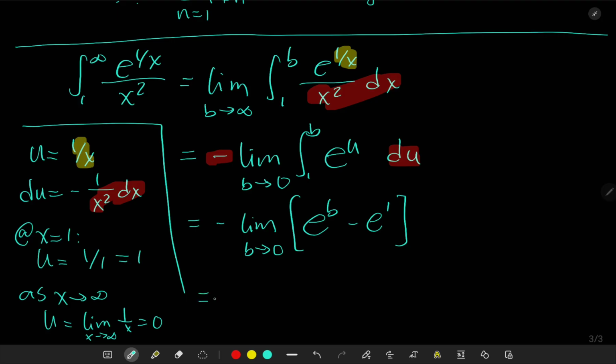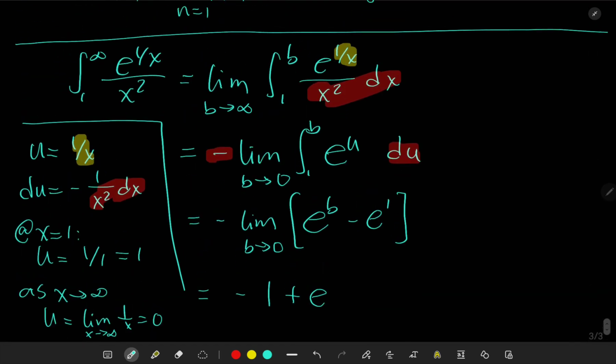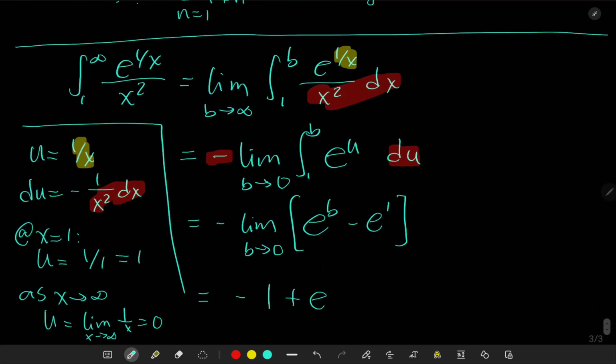And then this just gives you negative e to the 0, which is 1. 1 minus negative, so plus e to the 1. Just that. I don't care about the number. This is going to be like 1.78 something. I don't remember the decimal points of e. Shame on me. Doesn't matter. But this one converges, therefore, by the integral test, the sum from n equals 1 to infinity of e to the 1 over n squared converges.